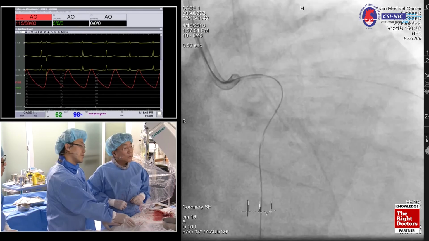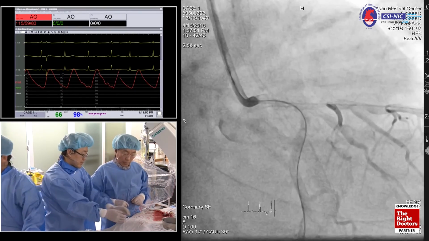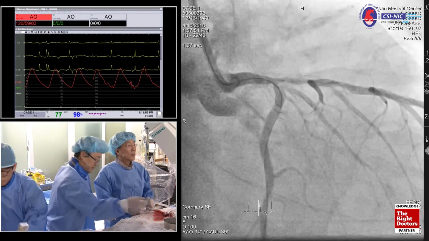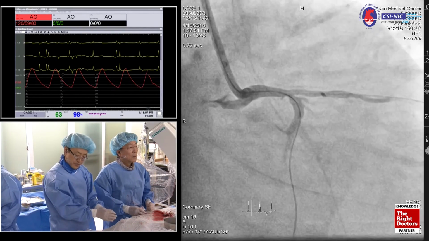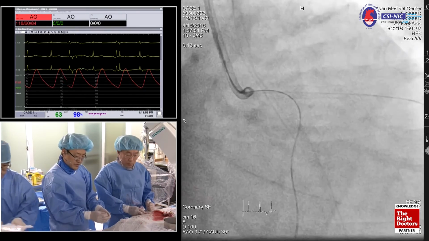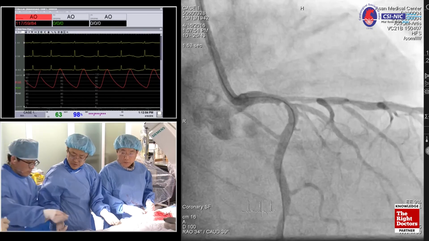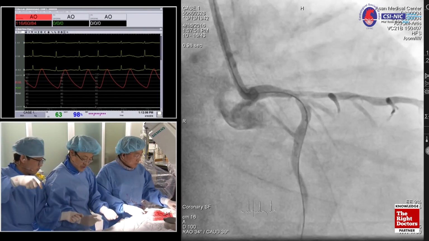So, cutting balloon 2.75 first. This is the LAD. What's your guide cath size? Is that a 7 French guide cath?